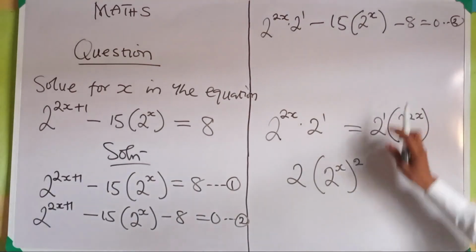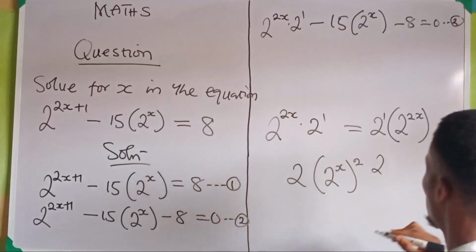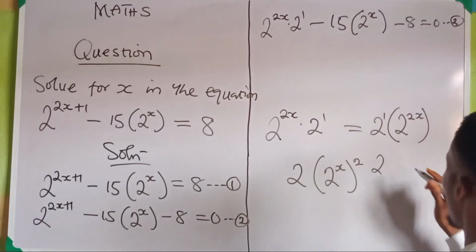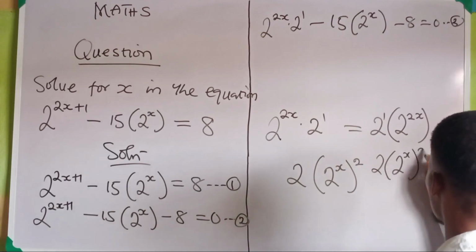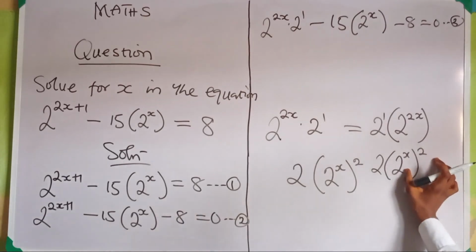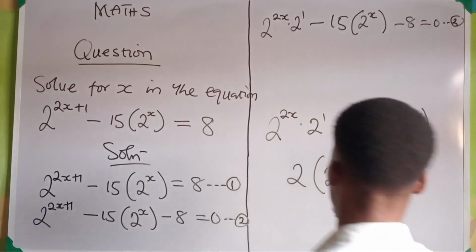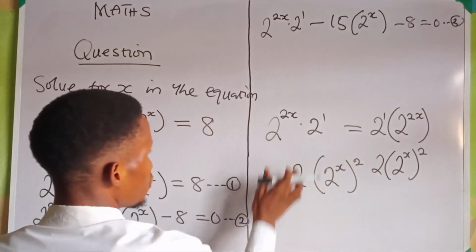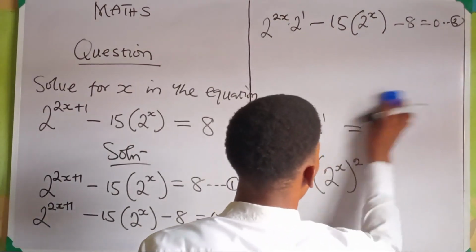It's still the same, as any number raised to the power 1 is itself. Then here we have bracket 2 raised to the power x all squared. If you apply the power law of indices, you're going to get the same answer as what is in brackets here. So we did not change anything. Instead of us continuing with this, we are going to make use of this because it's still the same as that.